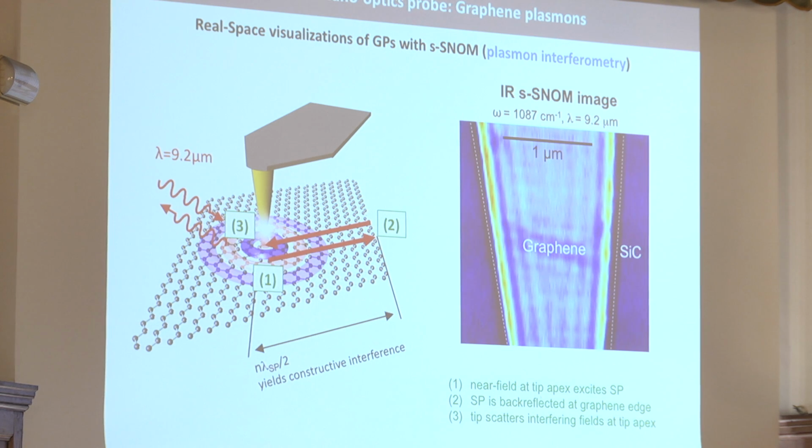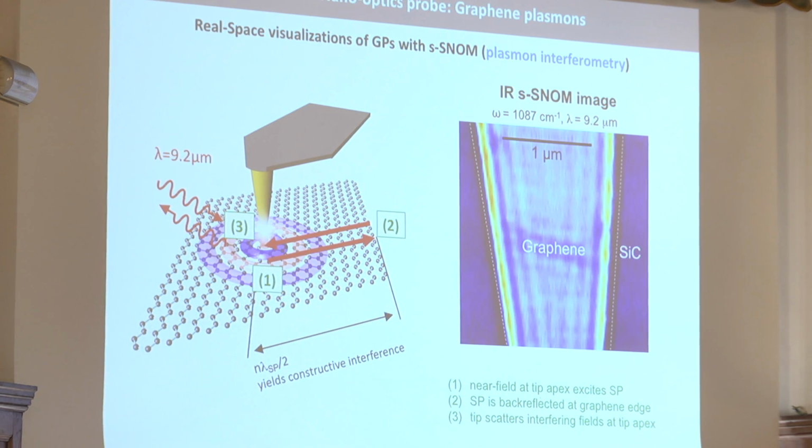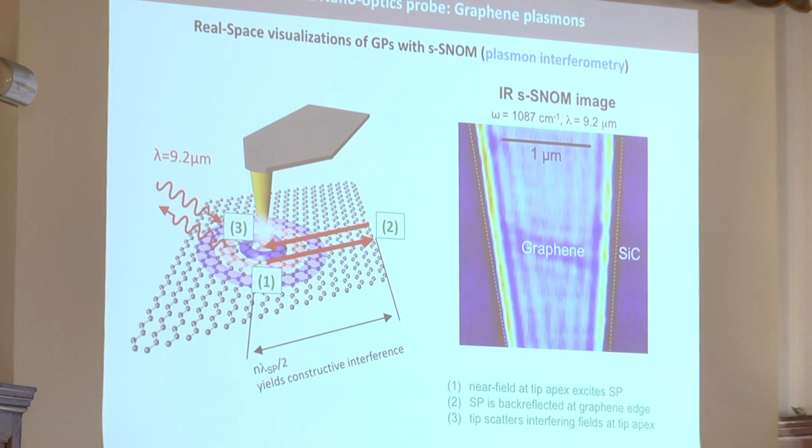So you have these two waves that are interfering, and this standing wave that is formed has normally a wavelength that is lambda divided by 2. And this is what was fitting with the dispersion. So we had an interferometric image, and we could see that it's like a radar for launching and detecting.